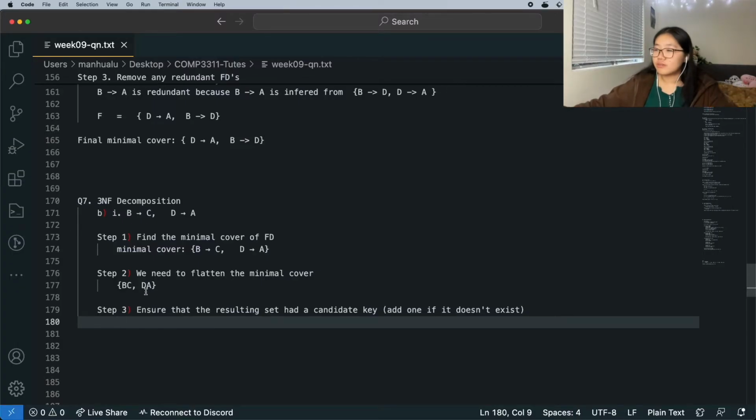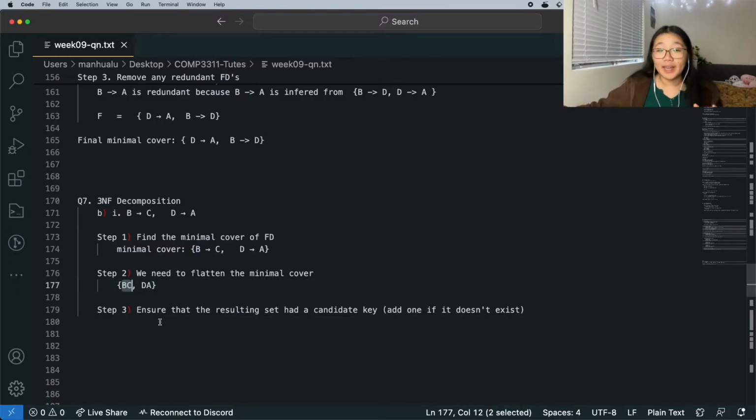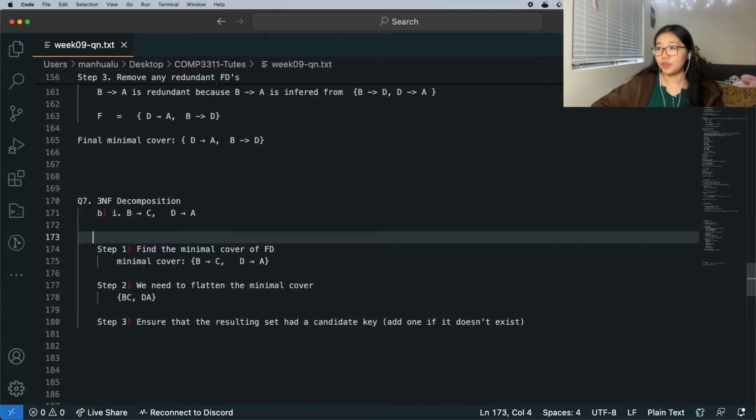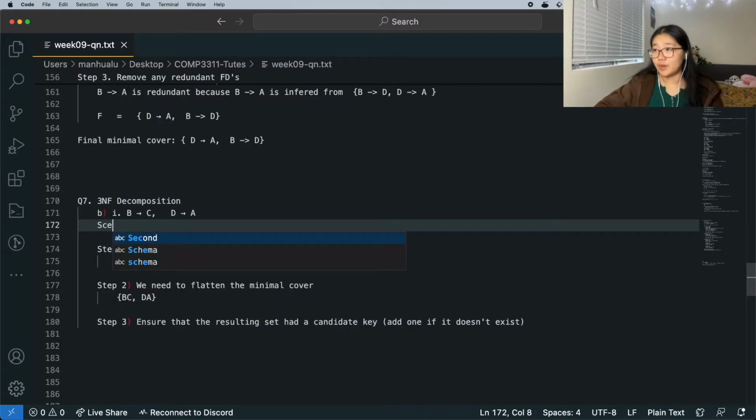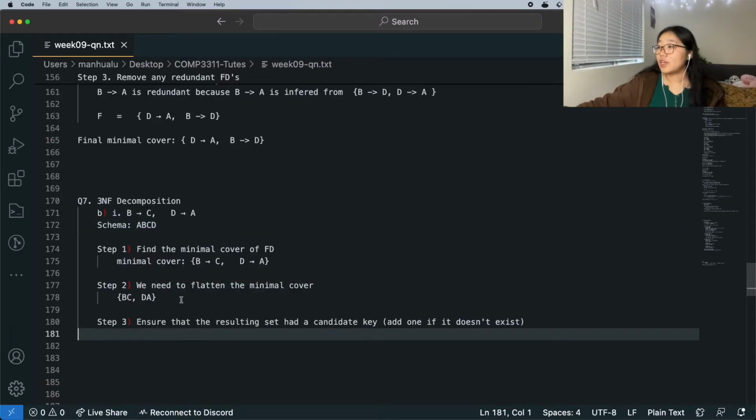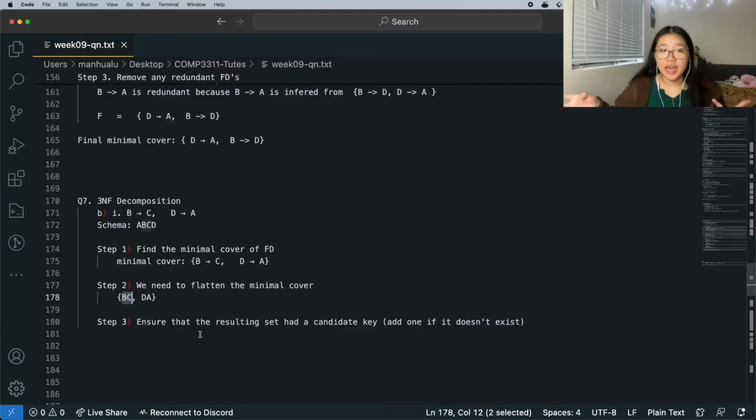So let's just have a look at these, right? So remember, revision from our tutorial, candidate keys are able to get you all the other attributes in your schema, right? So they're looking at the functional dependencies as well. The schema here is A, B, C, D, right? So if we just look at this one here, is this a candidate key?